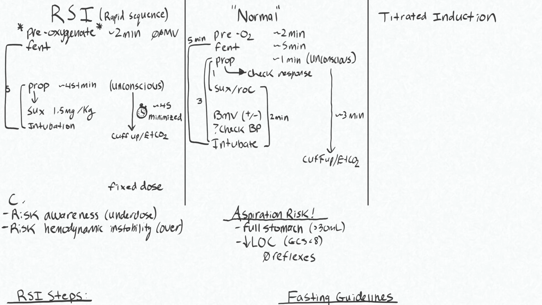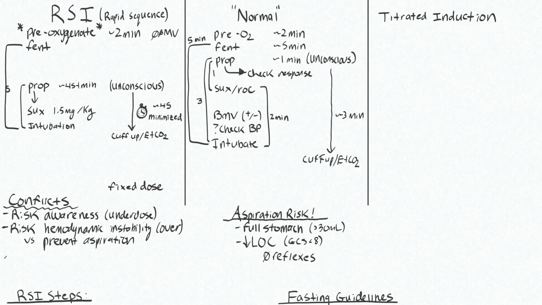So this kind of raises this idea of these conflicts that we have, because we are choosing to do a rapid sequence induction to prevent aspiration, but at expense of potential awareness and potential hemodynamic instability. And none of these are ideal. So we have to make the choice about which of these risks we are willing to accept and proceed with.